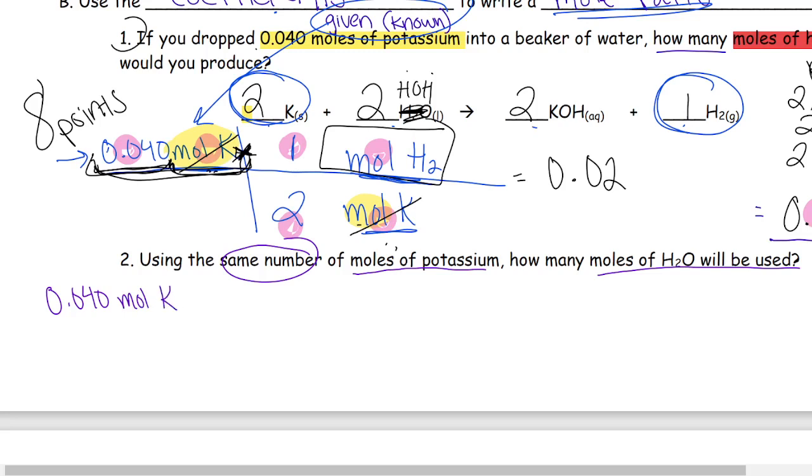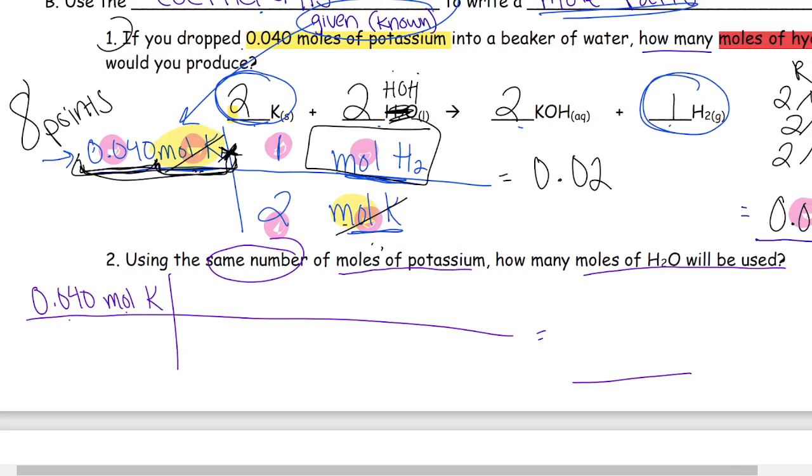Already, just by writing that and showing that I understand this is going to be some kind of conversion that I put into a T-chart, that earns me 2 points. I know that at the end, when I am done, what unit will this be in? H2O. What H2O? Mole H2O. Perfect. Moles of H2O. That earned me a 3rd point.